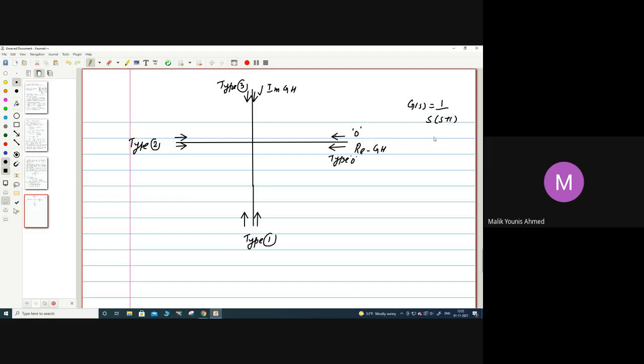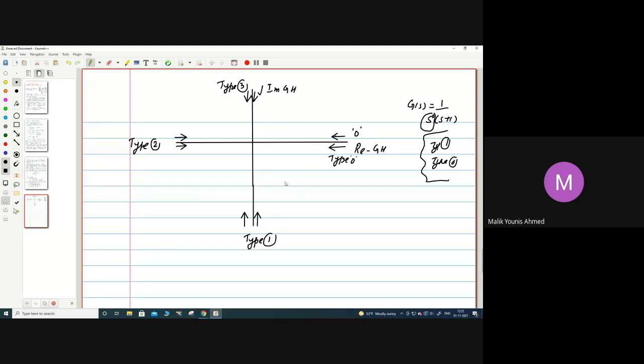At the origin, what is the power of s? That is 1, so this is type 1. If there is s raised to the power 0, that will be type 0. This is the way we define type 0 and type 1 systems for your memory. So type 1 will start from here, type 2 from here, type 3 from here, and type 0 from here.